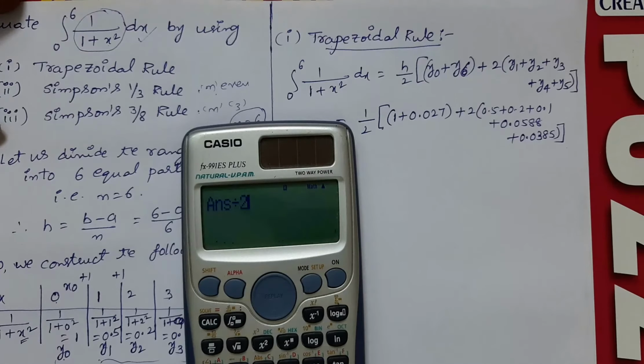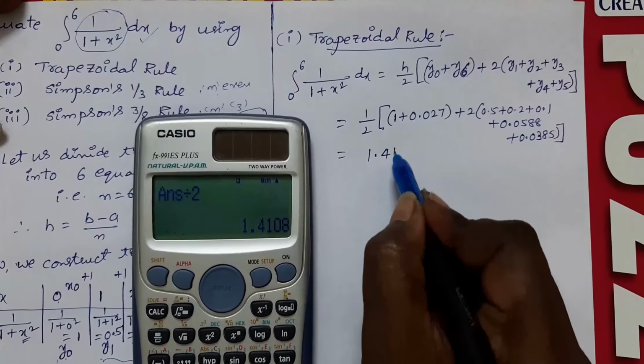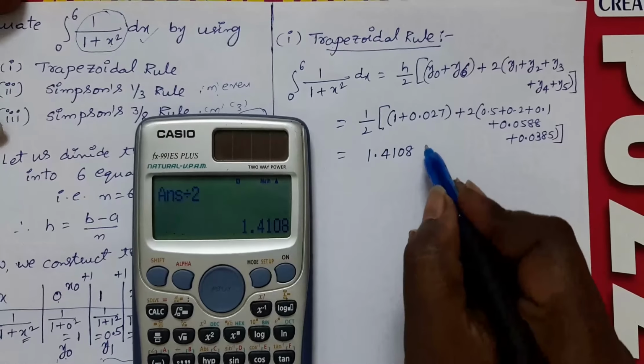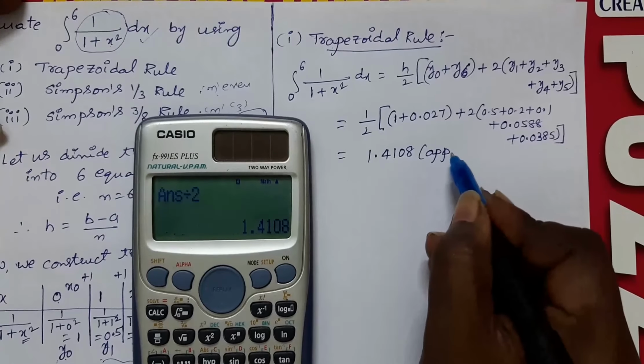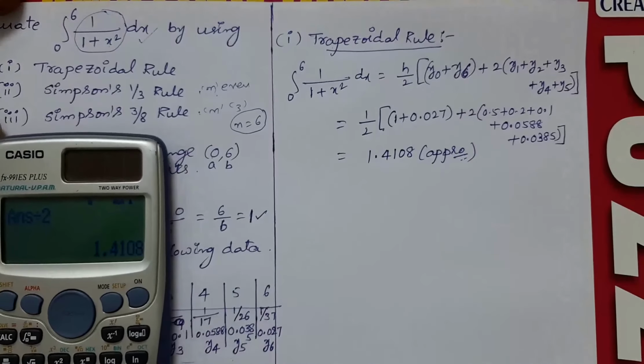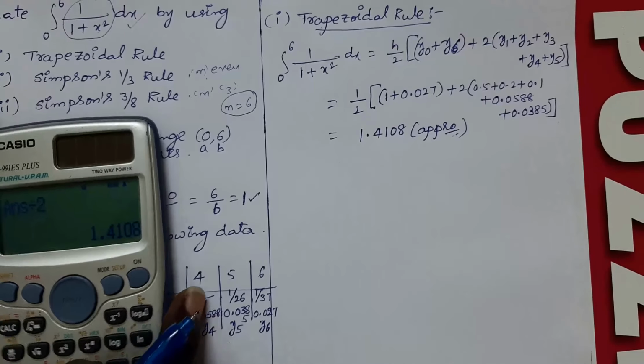So you are getting 1.4108. This is the given definite integral value. Write it in the bracket as approximately, because this is not the original value, this is an estimation value by using the trapezoidal rule.